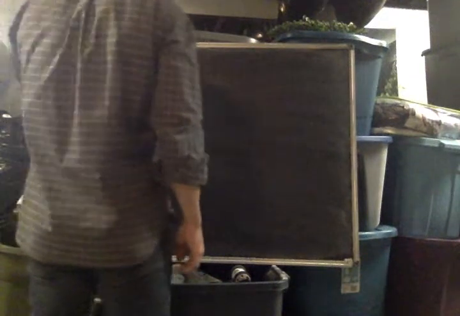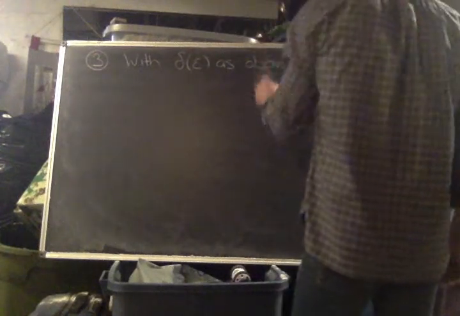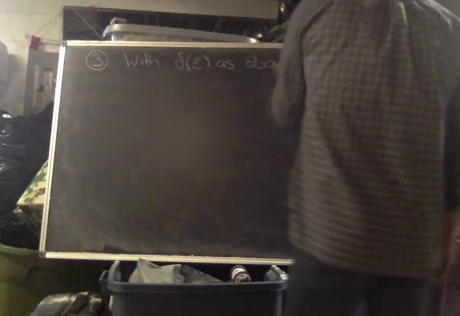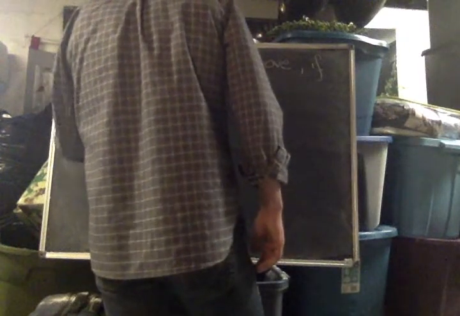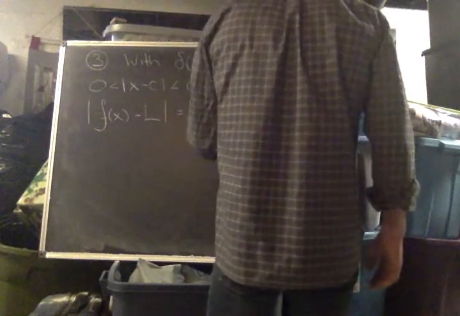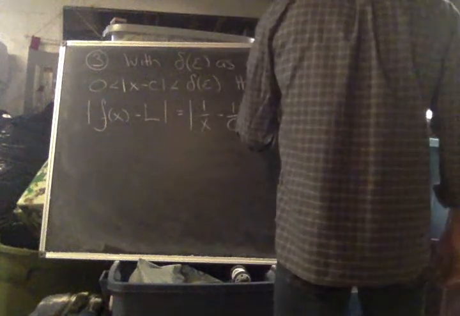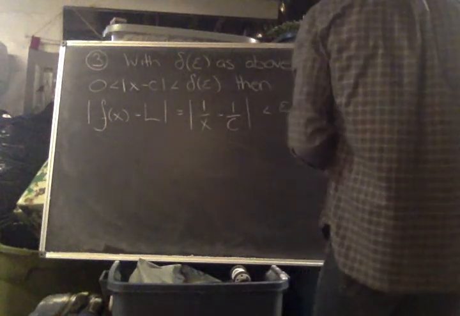So in part 3, we just say with delta of epsilon as above, if the absolute value of x minus c is bigger than 0 and less than delta of epsilon, then our absolute value of f of x minus L, which in this case is 1 over x minus 1 over c, is going to be less than epsilon.